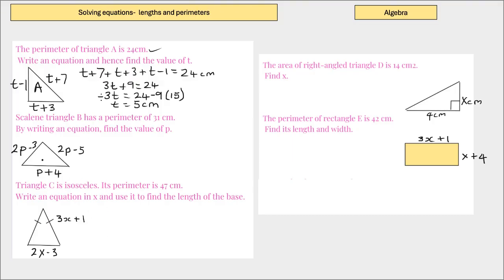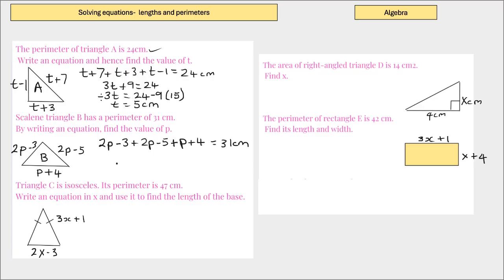Scaling triangle B has a perimeter of 31 centimeters. Write an equation, find the value of p. So we're doing exactly the same thing. So we've got 2p minus 3 plus 2p minus 5 plus p plus 4, and they told us it all equals 31 centimeters.